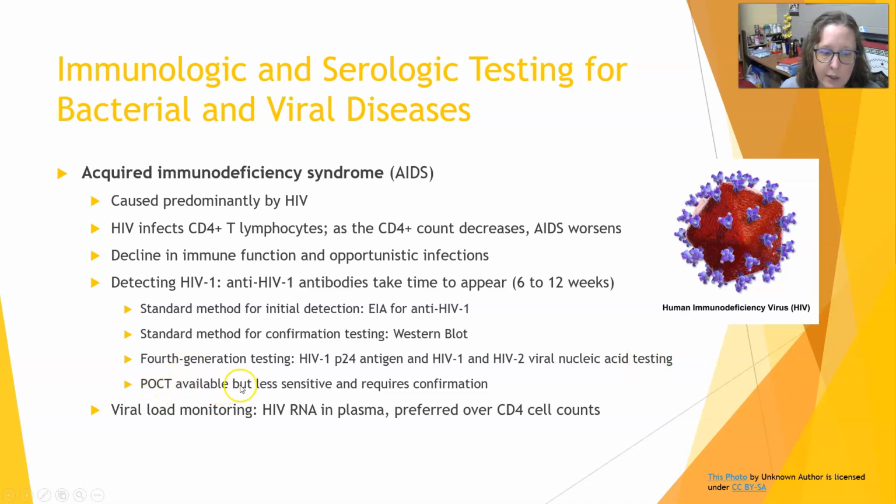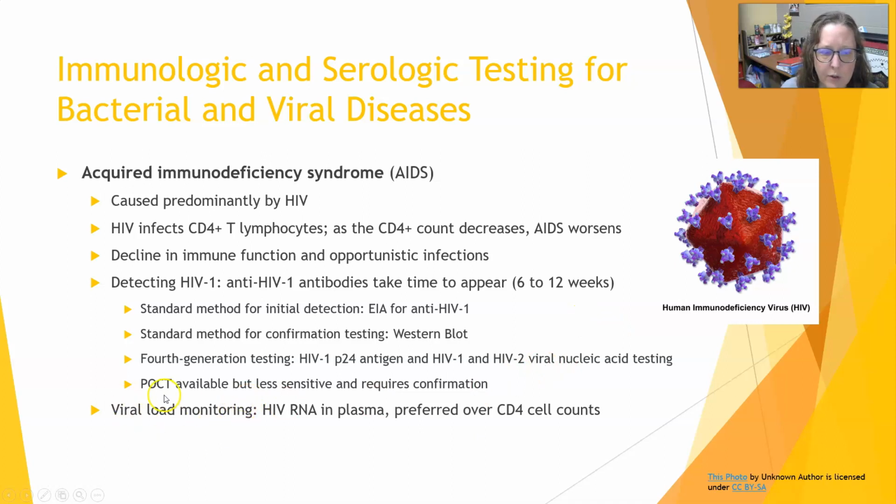There is point-of-care testing available, but it's less sensitive. It does require confirmation. It is based on the initial detection, the enzyme immunoassay for anti-HIV-1. It's in those little cassette type tests that are very similar to pregnancy tests. It's a positive or negative, can be done at home with a blood drop or two, and you just have to know that if it comes back positive it needs to be confirmed, and if it's negative, it may need to be retested in the 6 to 12 week window.